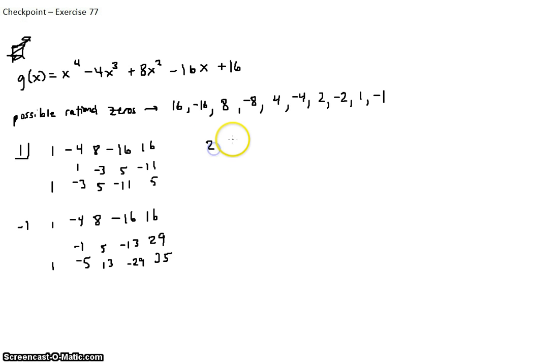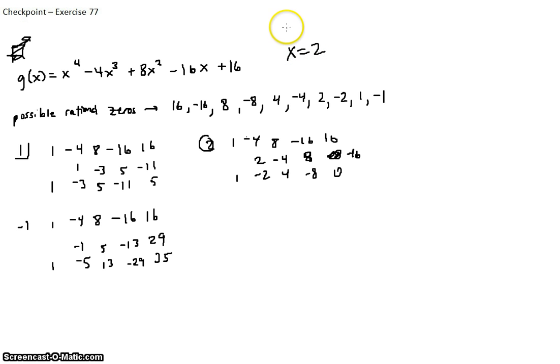Well, let's try 2. We seem to have found our first 0. And our first 0 is at 2. So we found our first 0.